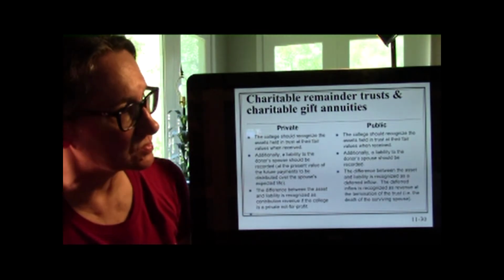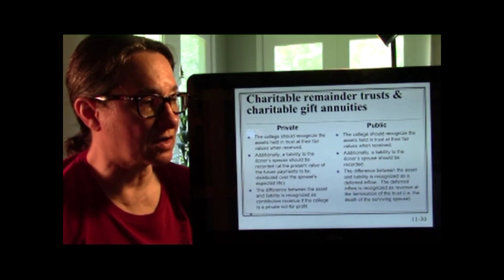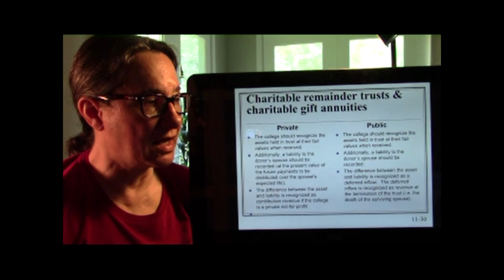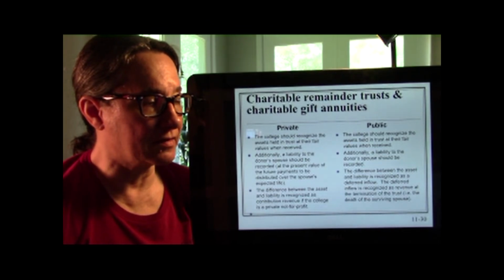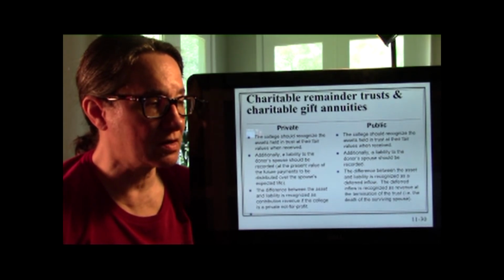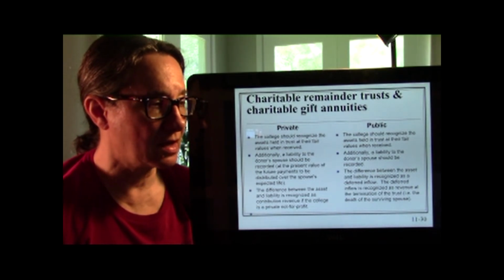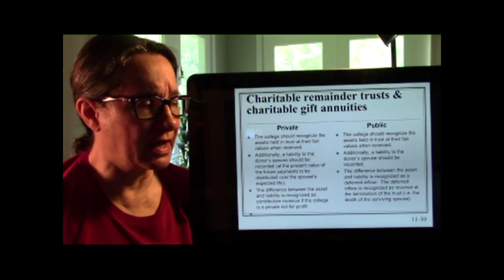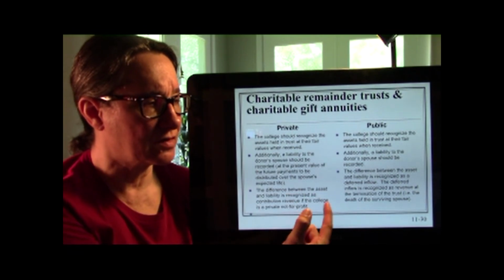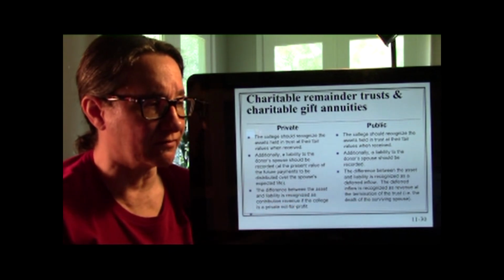So if you have one of those remainder trusts or a charitable annuity, under a private, the college should recognize the assets at fair value, and so should the public. A liability to the spouse is recorded for both of them. We're going to have to pay a certain amount to that spouse who stays alive. And then the difference between that asset and the liability is recognized as contribution revenue at a private and as deferred inflow at a public.